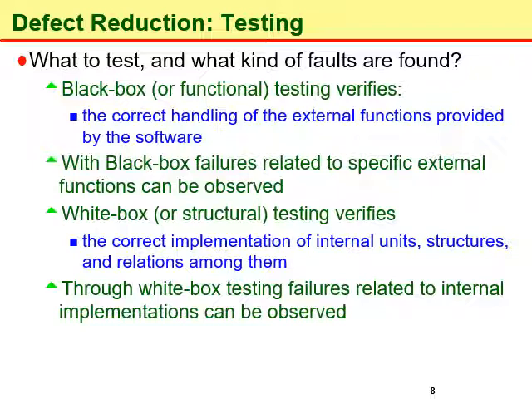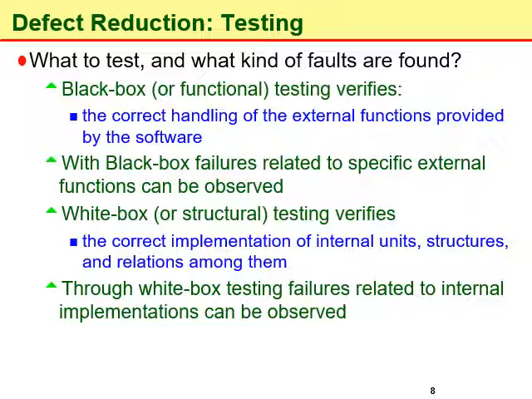When black box testing is performed, failures related to specific external functions can be observed, leading to corresponding faults being detected and removed. Here in black box testing, the emphasis is on reducing the chances of encountering functional problems by the target customers.